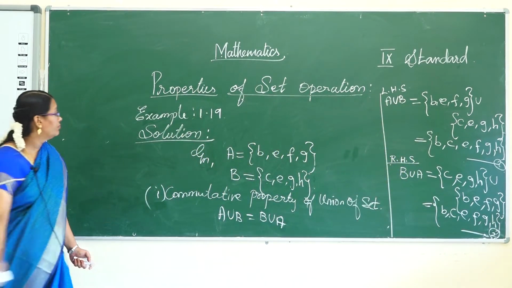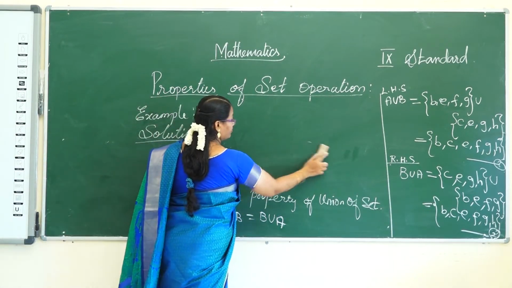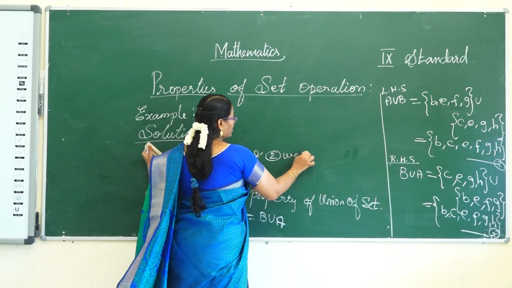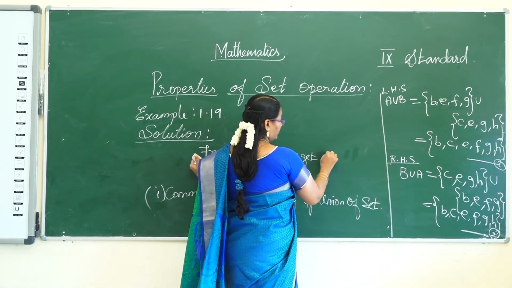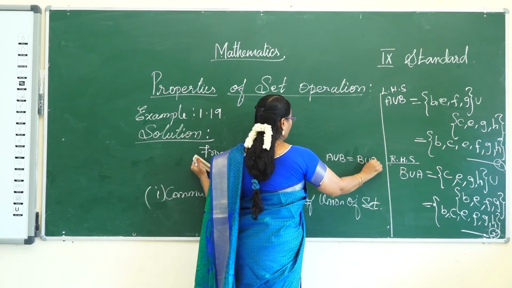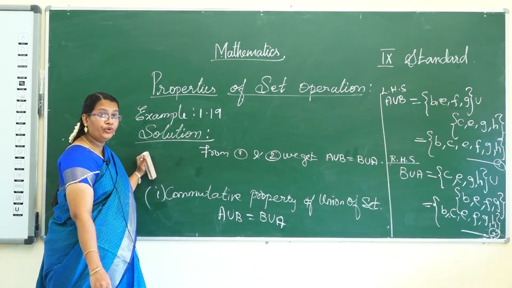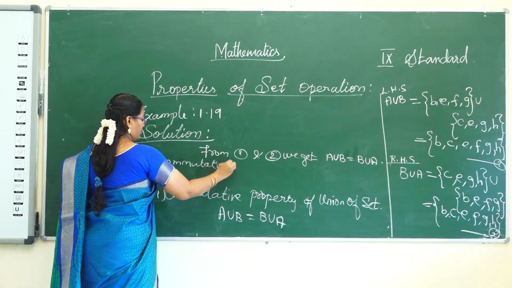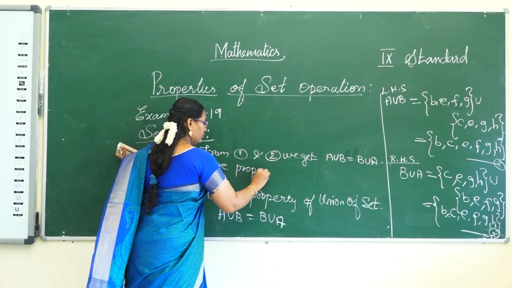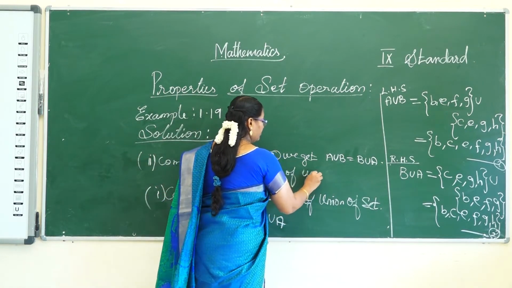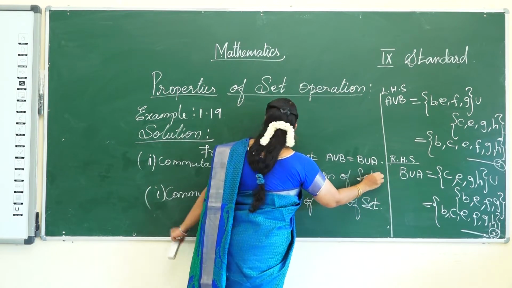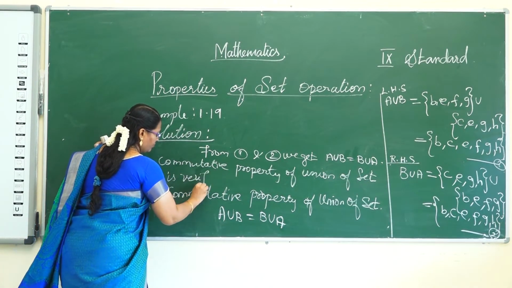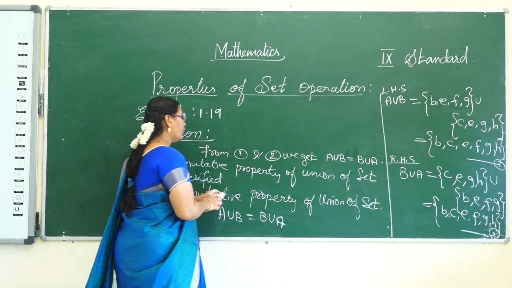From 1 and 2 we get A union B is equal to B union A. So it satisfies the commutative property of union of sets. And the second one, verify the commutative property of intersection of sets.